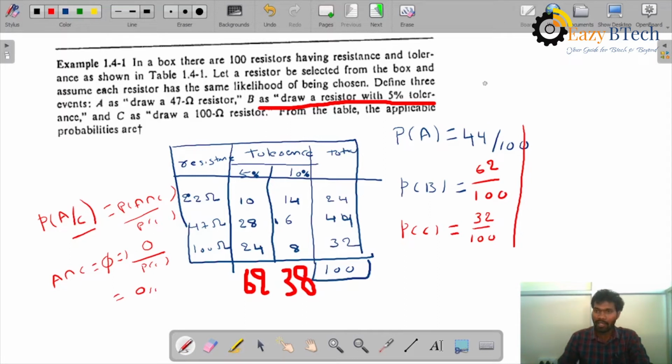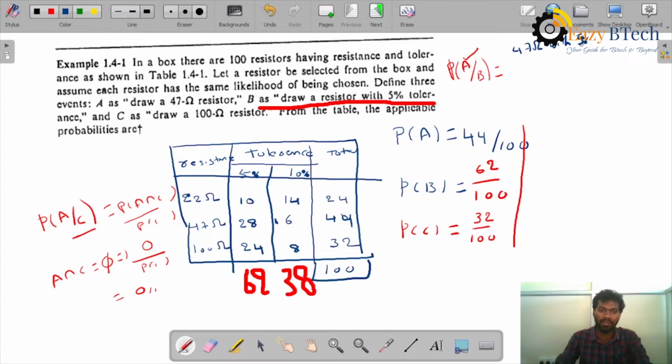Suppose another example. You have to find P of A given B. That means take out the 47 ohm resistors with the condition B, which means 5% tolerance. That means a 47 ohm resistor with 5% tolerance.